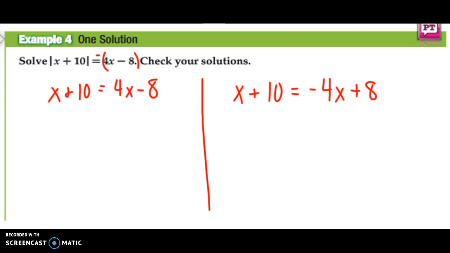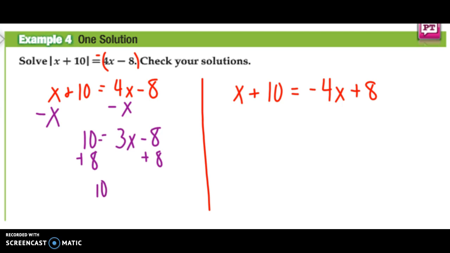So let's check it out. Okay? All the x's on one side. Well, if I subtract 1x from this side, I'll get 3x minus 8 is equal to 10. Add 8, add 8, 18 is equal to 3x. X is equal to 6. Okay, so I did all my work, and I get x is equal to 6. Now I try this one over here.